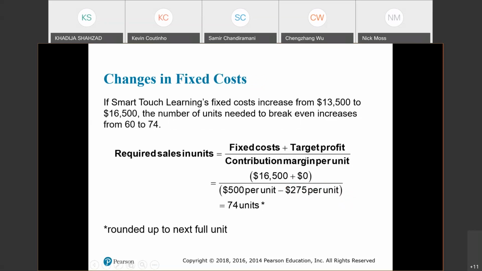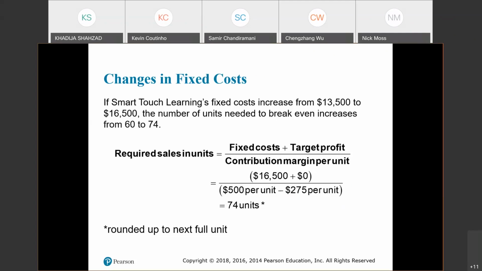And lastly, let's see what happens if the fixed cost changes. Well, let's assume the Smart Touch Learning company's fixed cost increased from originally $13,500 to $1,605.